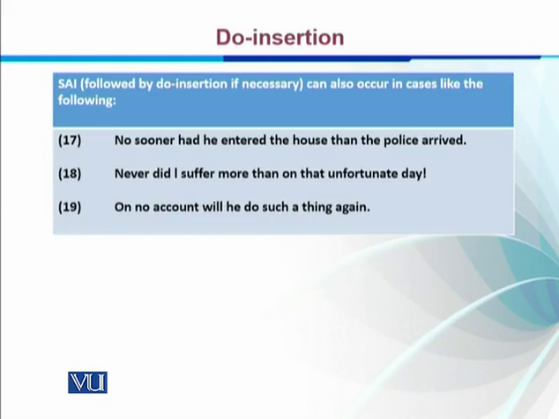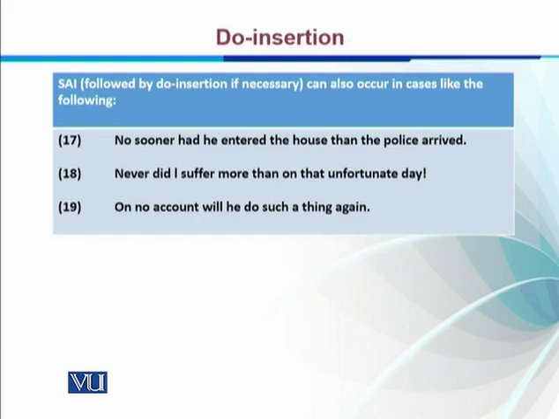Similarly, followed by do insertion, if necessary, subject auxiliary inversion can also occur in cases like this. No sooner had he entered the house than the police arrived. So sentences starting with no sooner, we must have SAI. Never did I. With never we must have the auxiliary do support or an auxiliary with it.